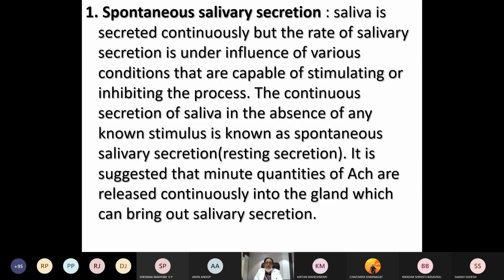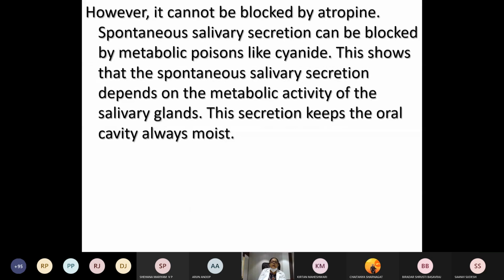It is suggested that minute quantities of acetylcholine are released continuously into the gland, which can bring out salivary secretion. However, it cannot be blocked by atropine.